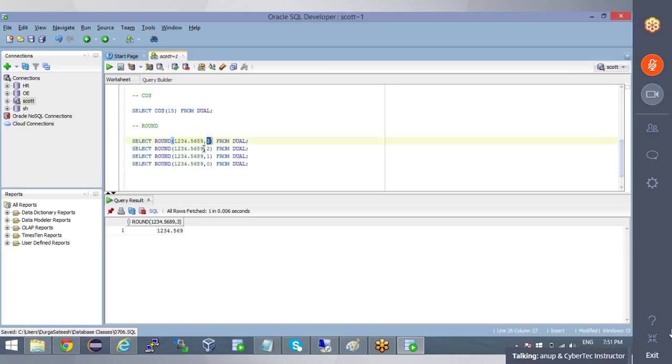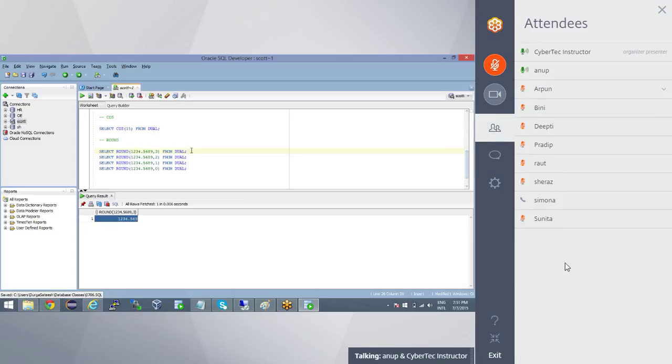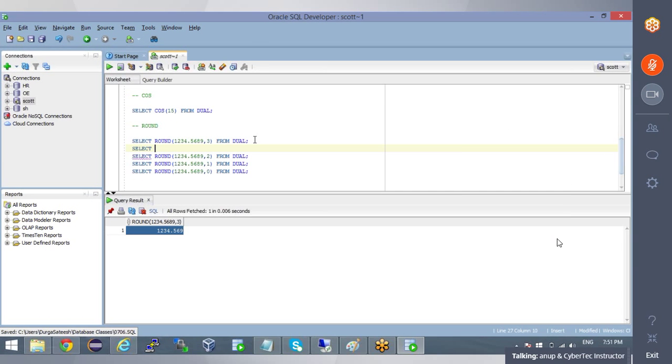But how is it rounding? On what basis? So if it's rounding up to 3 digits, now the value that I see on the third digit is 8. Yeah, that's 9, because that will round to the approximate value. If it is more than 5, then it will add to it.